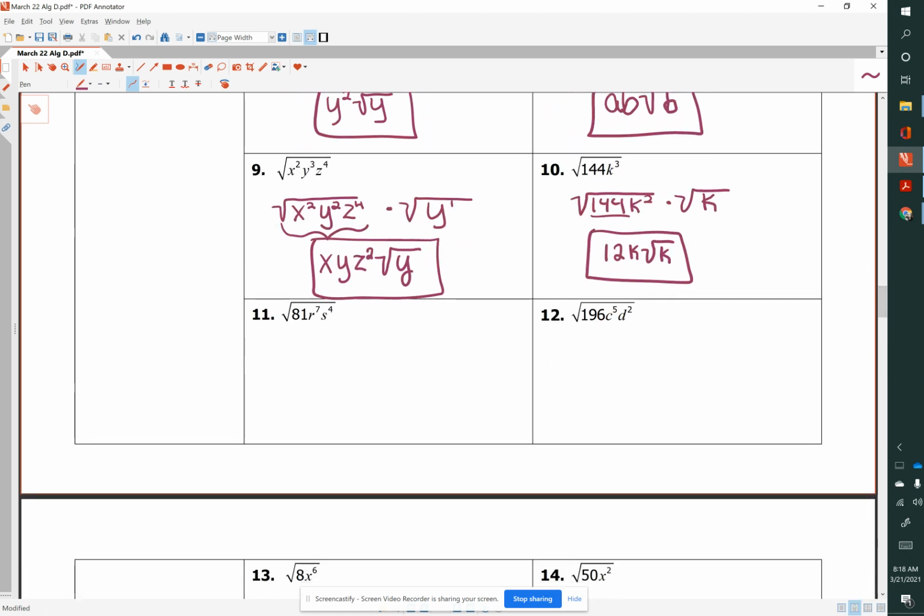And number 11 and 12. So number 11, we're going to have to work with that exponent of 7. So it will be the square root of 81 r to the 6. That means we need to put an r to the first power here.